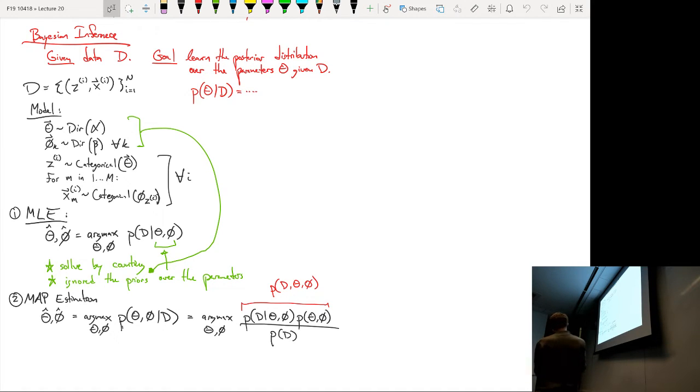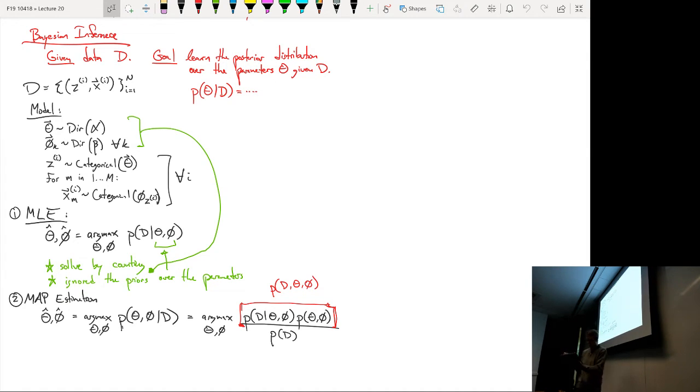Okay. So with this in mind, we can now say that this P of D is not a function of the parameters.